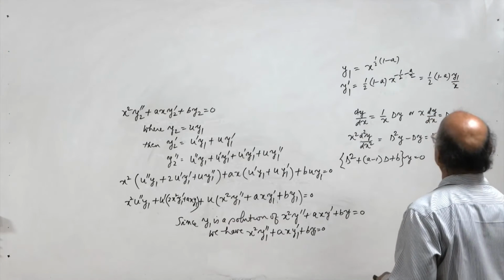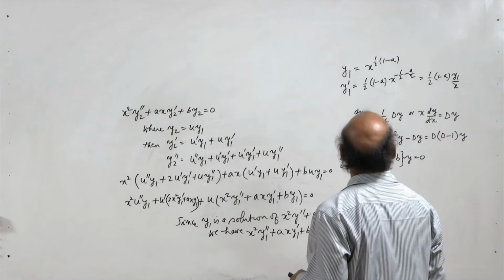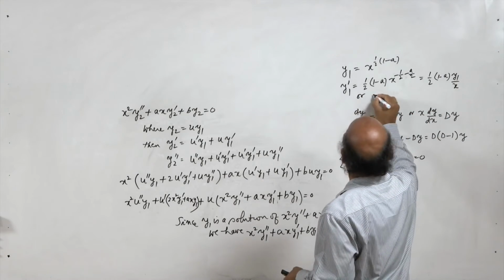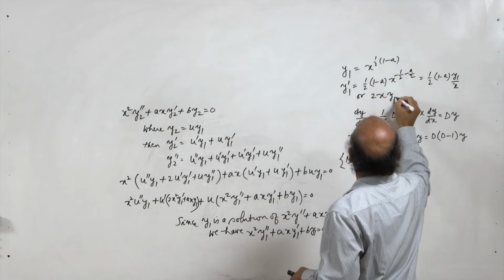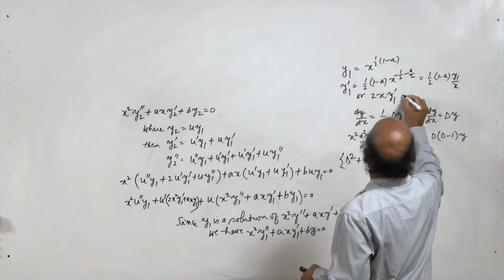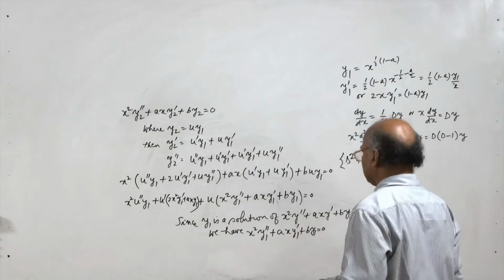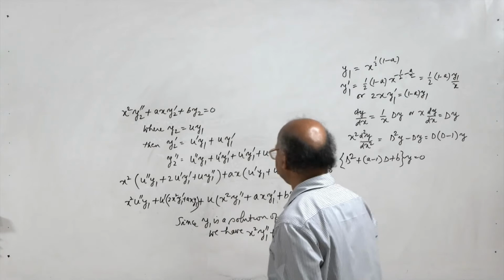So, we get 2 x y1 dash equal to 1 minus a into y1. So, let us see what we get now.